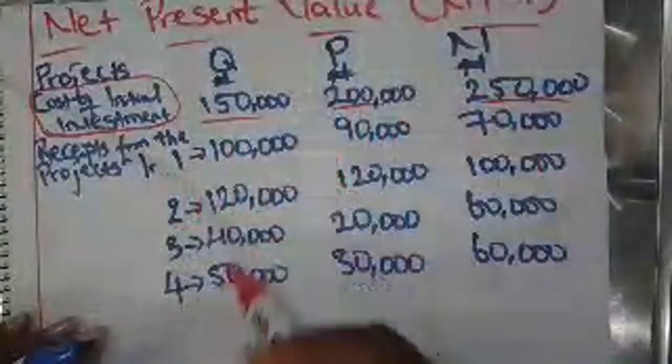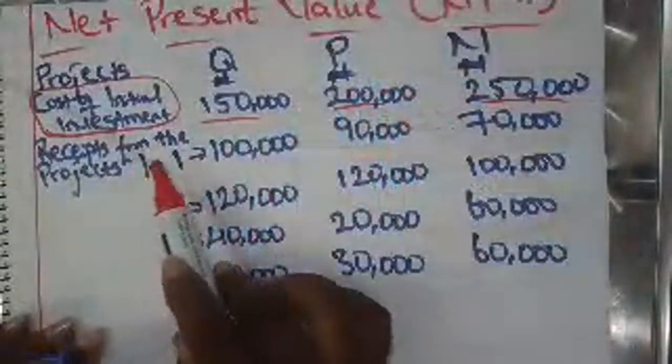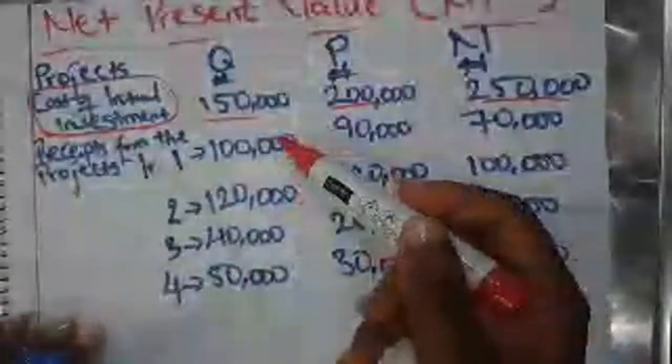So what they are expected to receive from the 4 years are these.